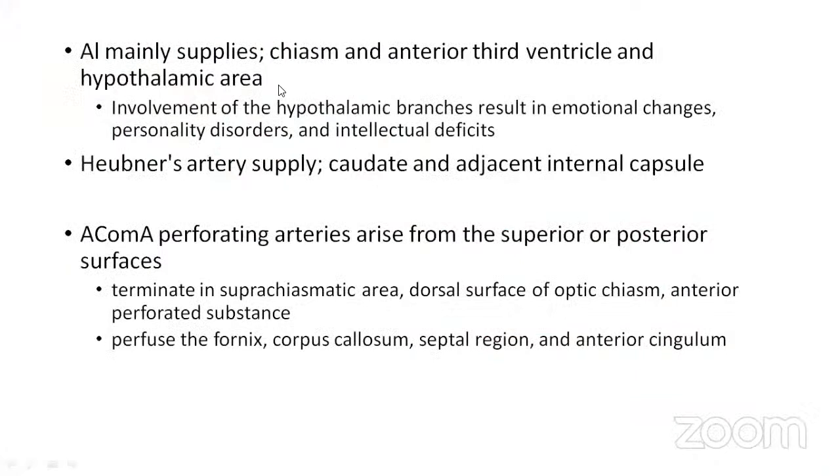A1 mainly supplies the chiasm, anterior third ventricle and hypothalamic area. Involvement of the hypothalamic branch results in emotional changes, personality disorder, and intellectual deficits. Heubner's artery supplies the caudate and adjacent internal capsule.